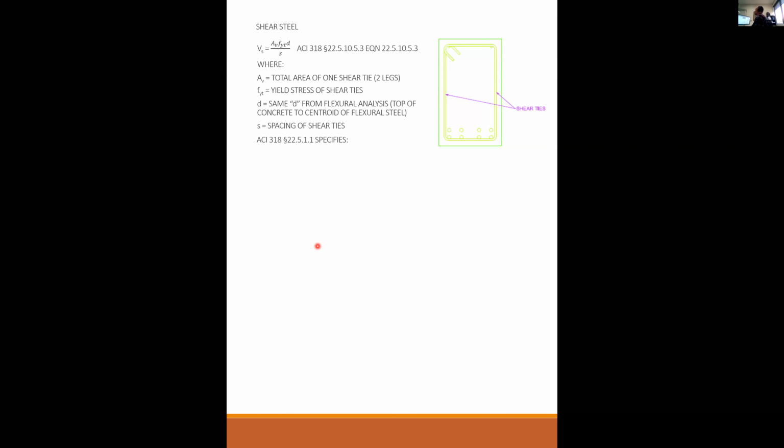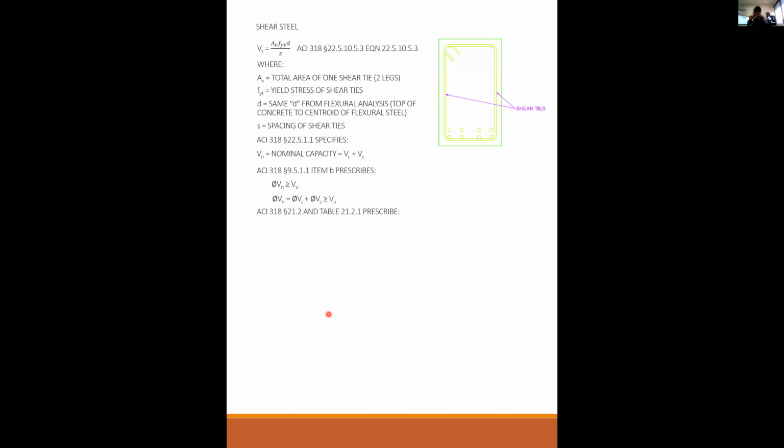ACI 318, section 22.5.1.1 specifies that Vn, what's known as your nominal capacity, is equal to Vc plus Vs. You just add them directly. ACI 318, section 9.5.1.1, item b prescribes that, again, phi Vn must be greater than Vu. And so phi Vn is equal to phi times Vc plus phi times Vs, still greater than Vu.